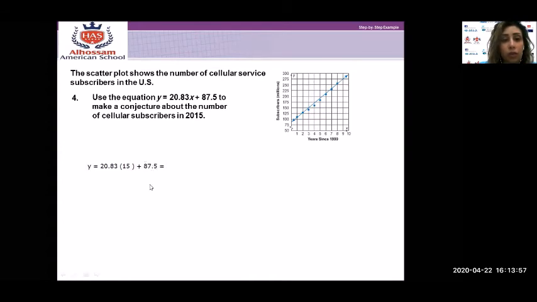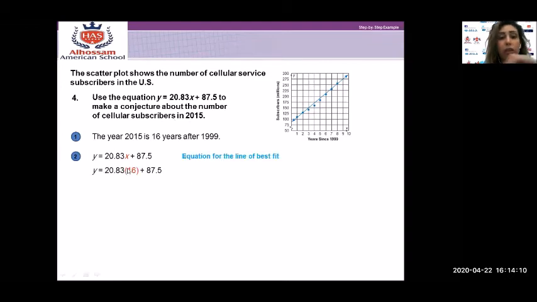So here, the year is 16 years after, so I'm going to put 16, okay, because the year 2015 is 16 years after 1999.